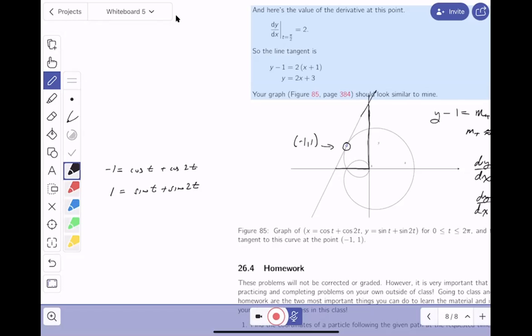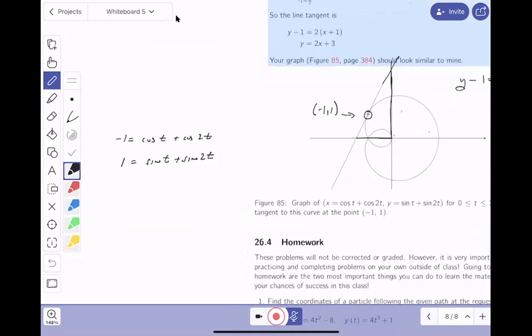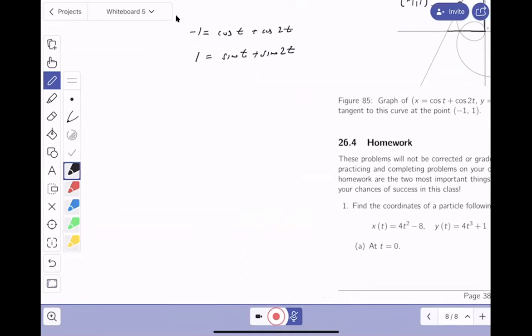Let me take a look at that. I'm seeing the point minus 1, 1. I'm going to make a stab at it. Let's try easy values. And when would I get a 1 in the problem? I'm going to say maybe at pi over 2.